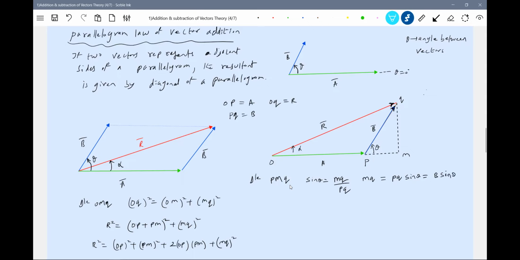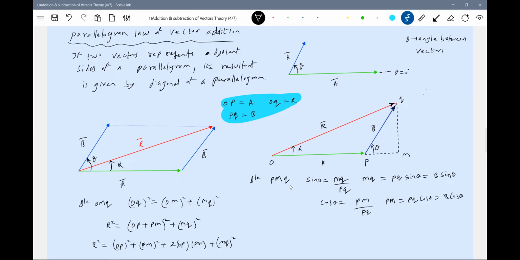These are very important. And then after this, similarly, cos theta will be PM by PQ. So therefore PM is PQ cos theta, and PQ is B, so PM is B cos theta.